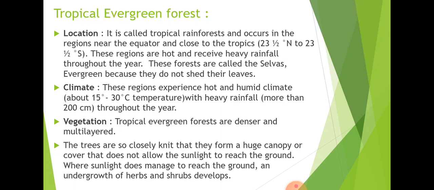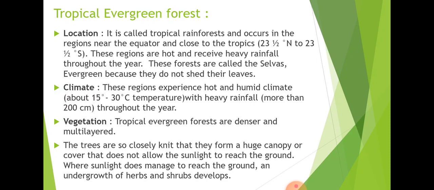This is called the tropical rainforest, and it is near the regions of the equator and close to the tropics, the Tropic of Cancer and Capricorn, 23 and a half degrees north and 23 and a half degrees south. These are the hottest regions. They receive heavy rainfall throughout the year.